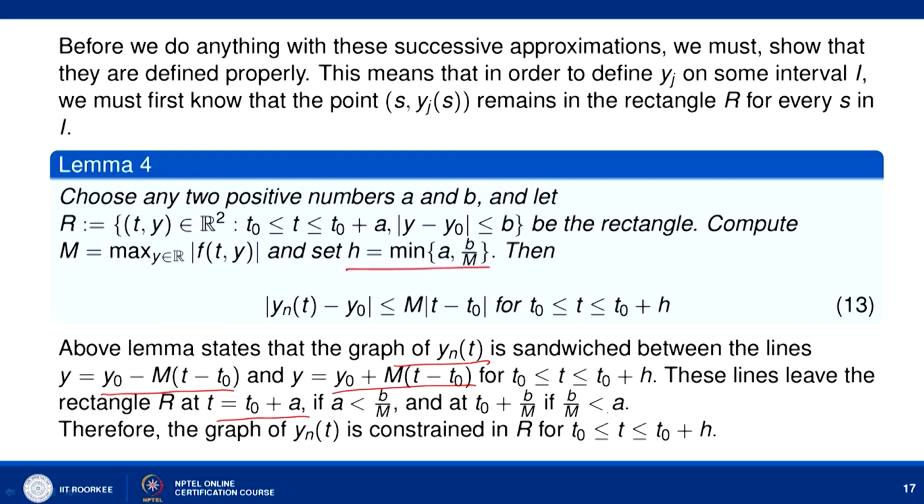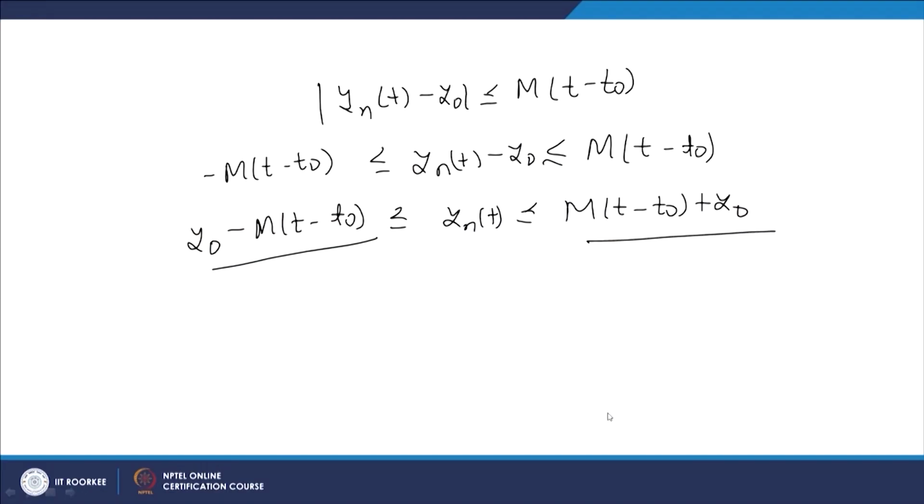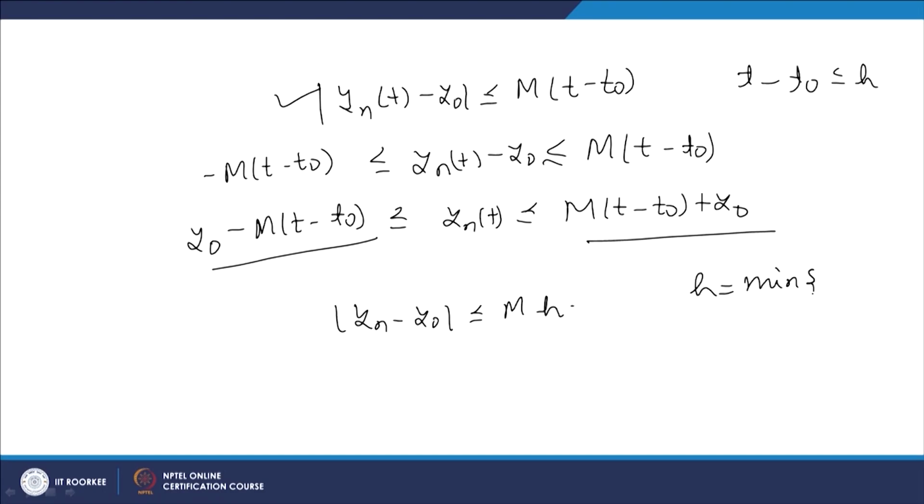If you look at this, here we already know that t minus t0 is less than h, right. So, it means that we can say that modulus of y(t) minus y0 is less than or equal to Mh, right, and h is what we have defined as the minimum of a and b by M, right. So, if a is the minimum, we can say that it is Ma, and this is less than or equal to b.